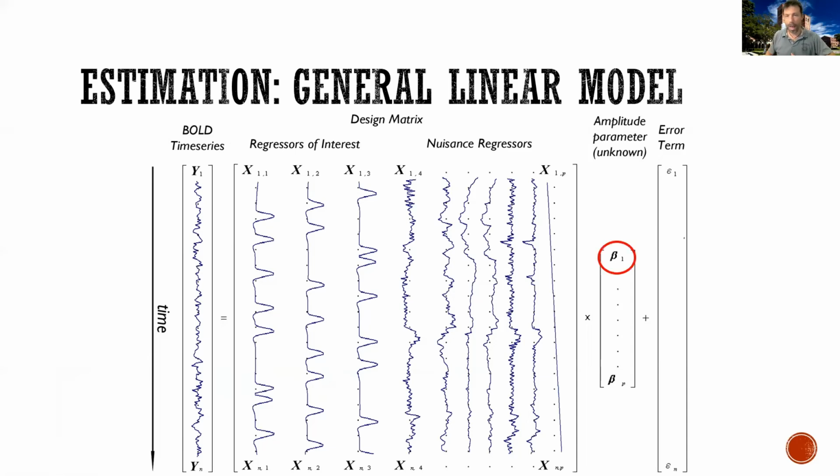And so, of course, we have, for example, in this case, beta 1 obviously is the parameter associated to regressor 1. Beta 2 is the parameter associated to regressor 2. Beta 3 is the parameter associated to regressor 3, and so on and so forth, down to the very last parameter p.